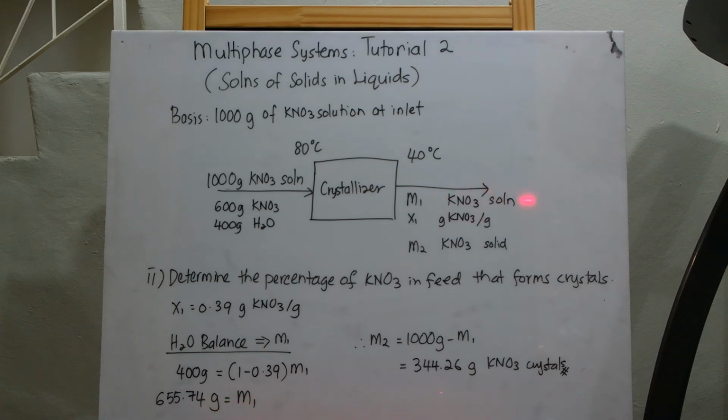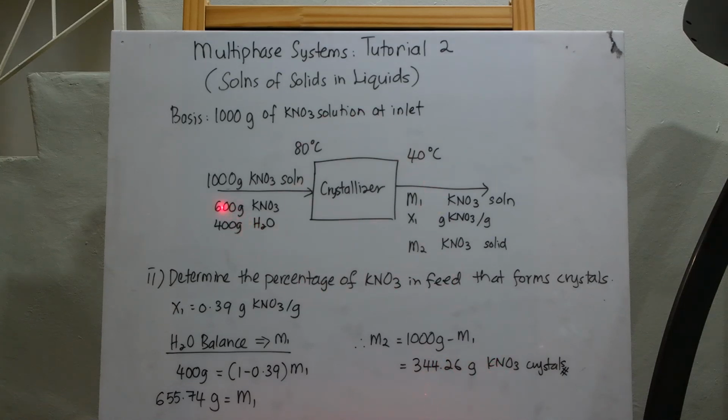This solution contains water and some solid. For M2, we just do the overall balance, and we obtain M2 equal to 344.26 gram of potassium nitrate crystals that we obtain from this process.